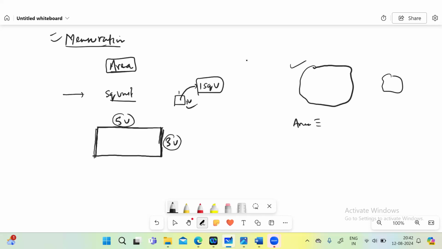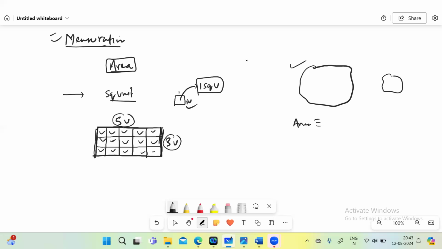When we go to count how many of these squares are there in this figure, let me draw 3 lines of 1 unit each at a distance of 1 unit each, and also 5 lines of 1 unit each at a distance of 1 unit each. Now you can count that there are a total of 15 boxes in this figure.